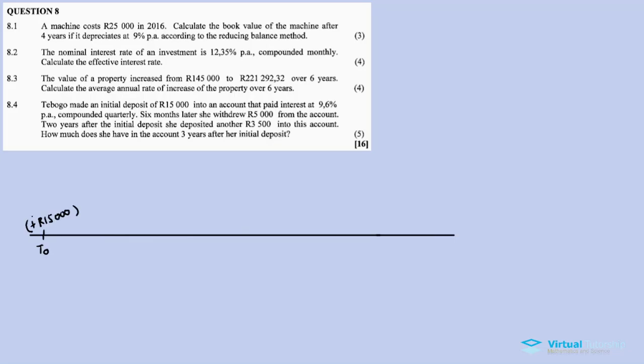Initially at T0, initially, right? Initially it's T0. So si enta imali ni 15,000 rand into the account. 6 months later, she withdrew 5,000 rand from the account. T6, 6 months later, ukhipha imali yena uTebogo. Ukhipha 5,000 rand. Mhlawumbe I don't know.